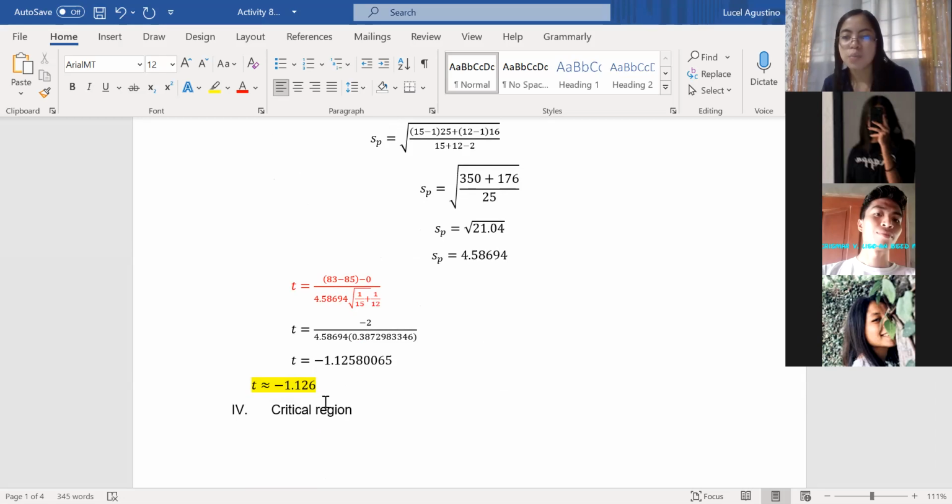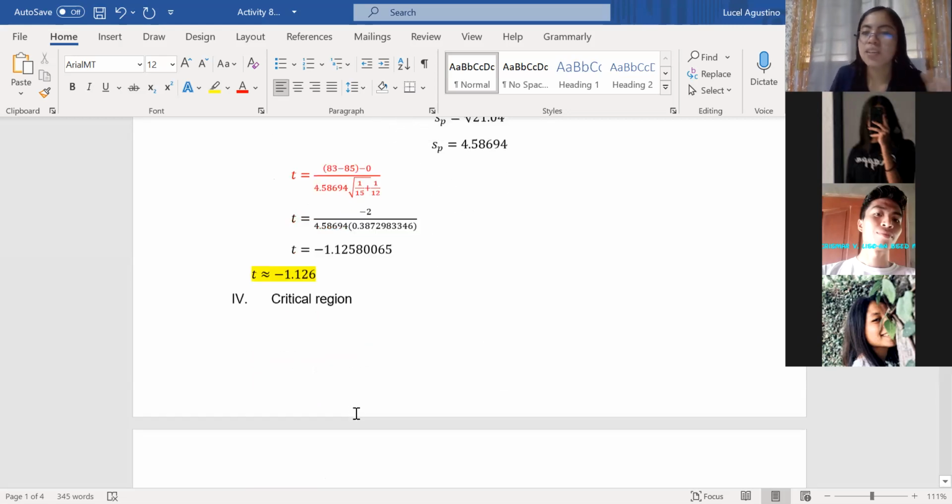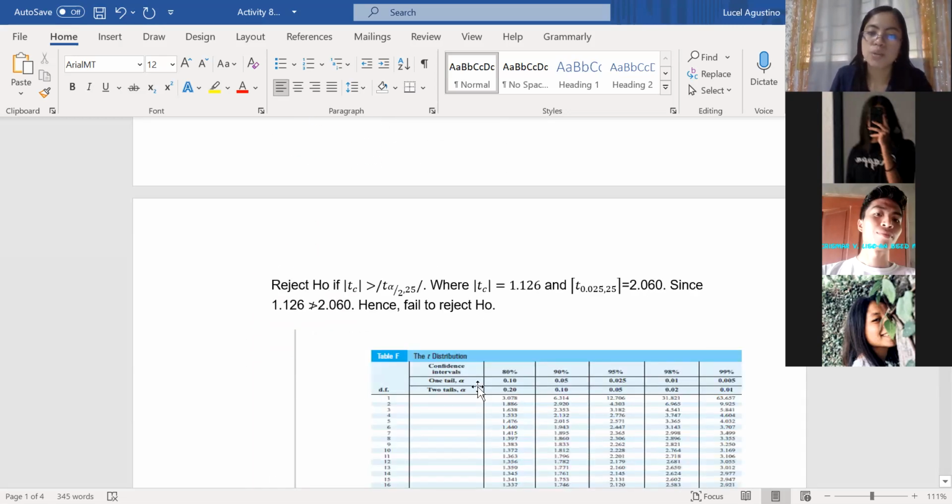So kung may mga textbook ka mo nga makita nga may mga letter t, then subscript COMP or C, that is the computed according to your data. So now, the fourth step is critical region. So how would we do that?